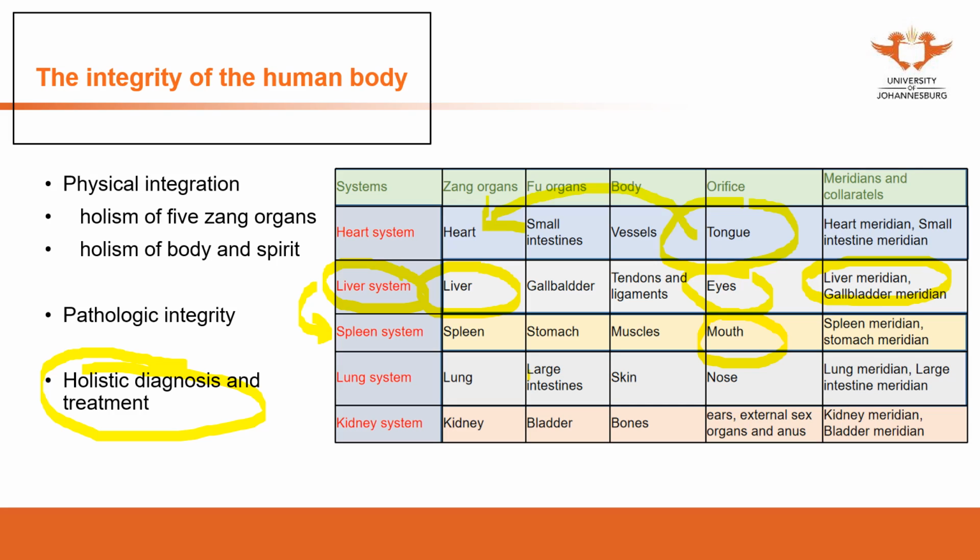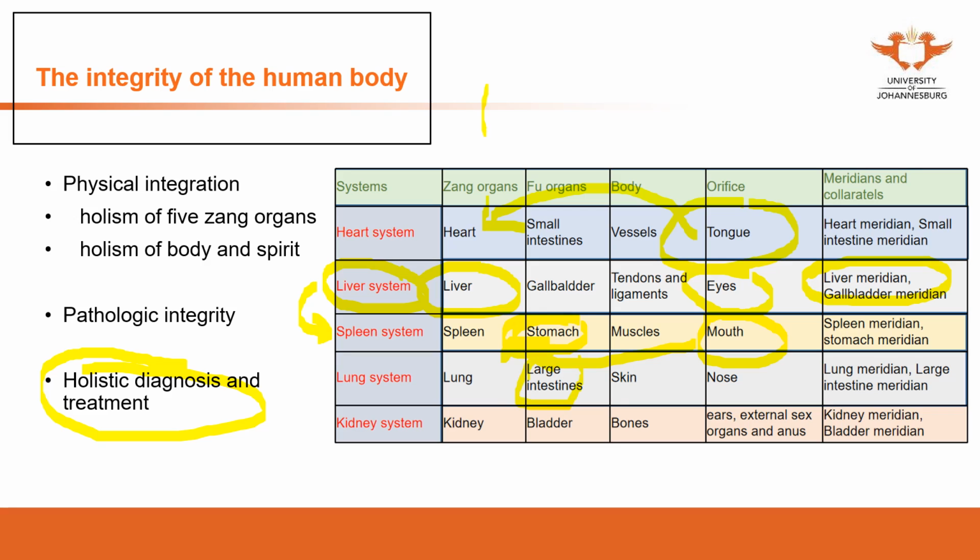However, if you see a mouth ulcer on the inside of the cheek or the muscle, we're going to treat the spleen or stomach. If the ulcer is on the gum, the upper gum or the lower gum, depending on upper or lower, we can treat the stomach or the large intestine.